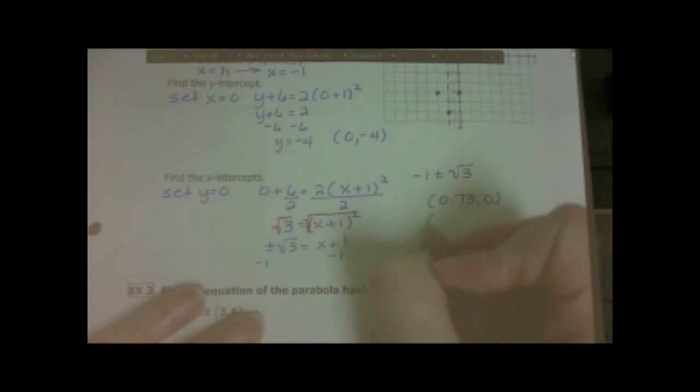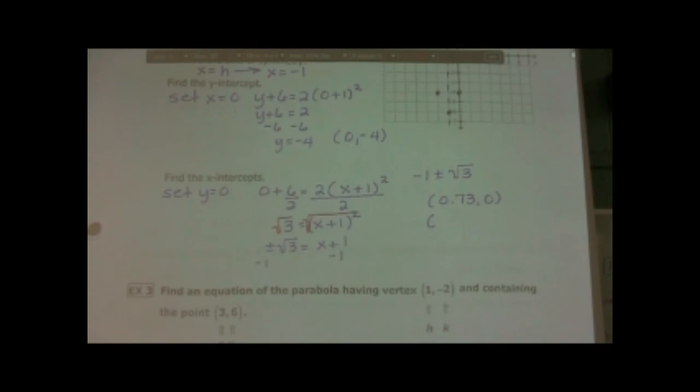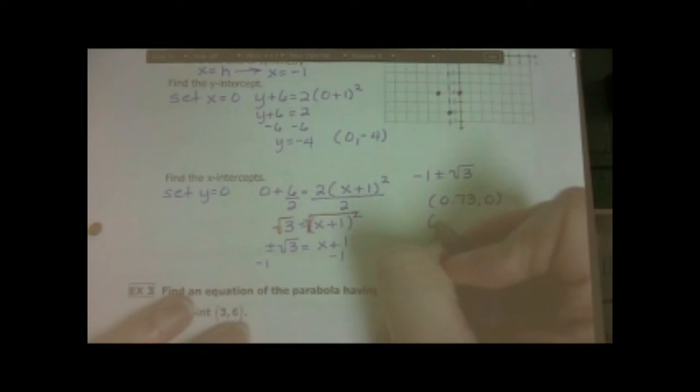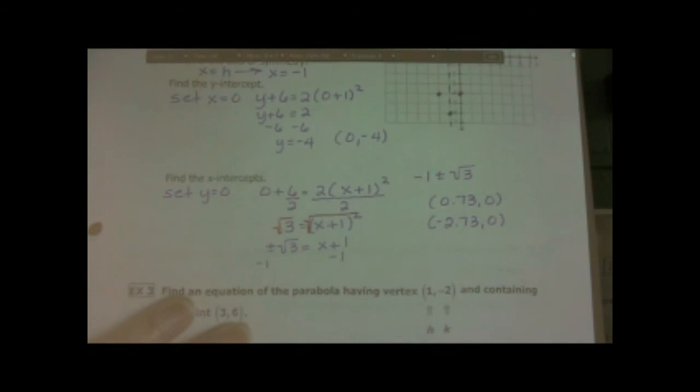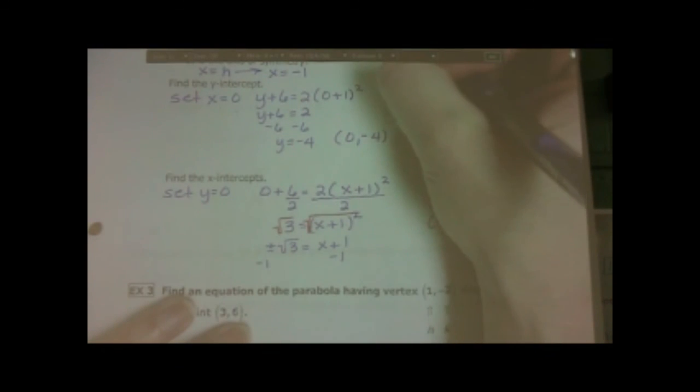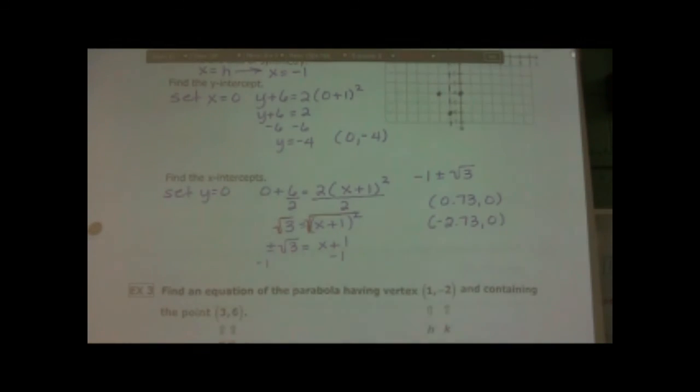So 0.73 comma 0, and then we've got minus. -1 minus the square root of 3 is going to give us -2.73 comma 0. So 0.73, maybe about here between 0 and 1, and -2.73 here between -2 and -3.